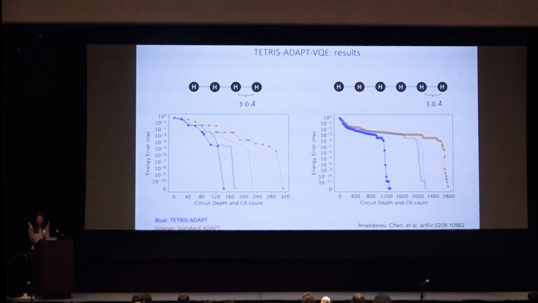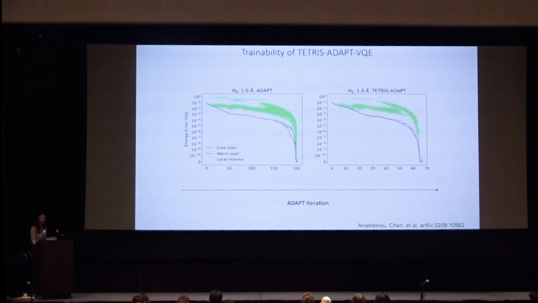So you're actually saving a lot of coherence time, and you're not using more CNOT gates. And then you can also ask about trainability, and you get similar things. We haven't had any issues with trainability in the examples we looked at, and Tetris adapt also seems to avoid all these local minima that you naively have if you didn't know where to start your optimization.